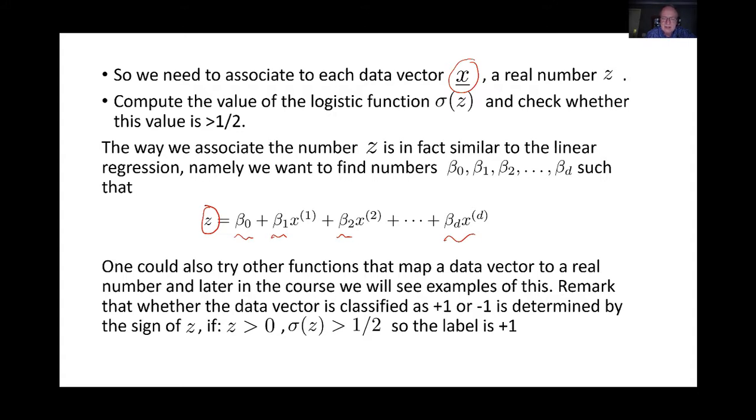our training set. So our training set, again, consists of labeled data vectors. Each data vector in our training set has a label either +1 or -1.